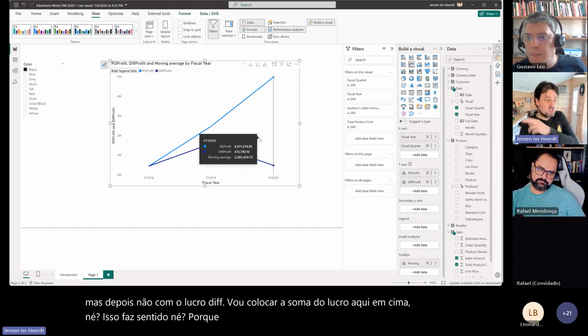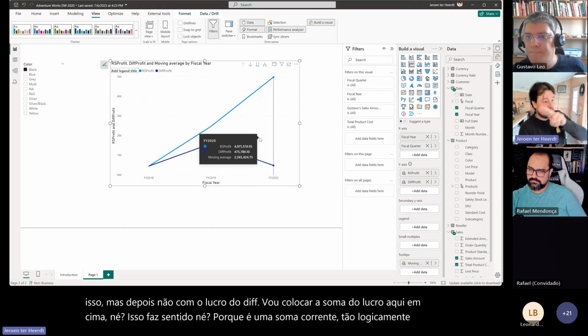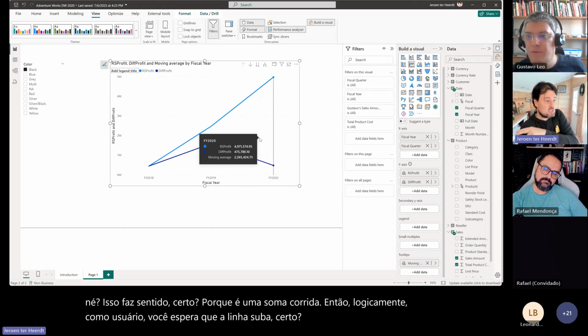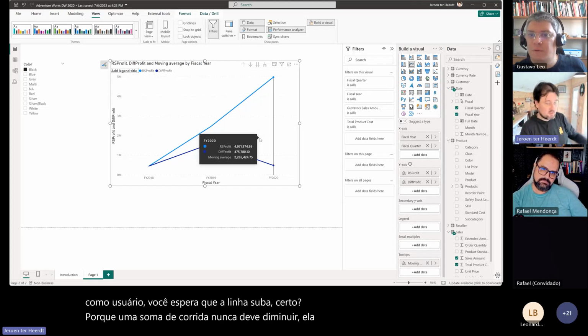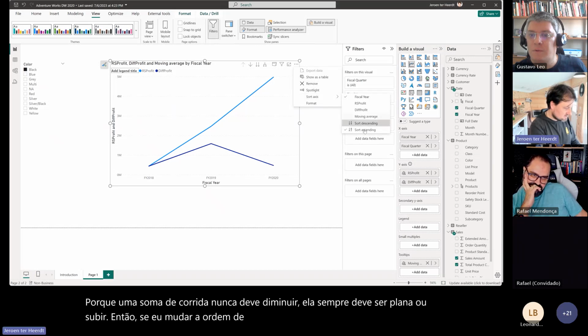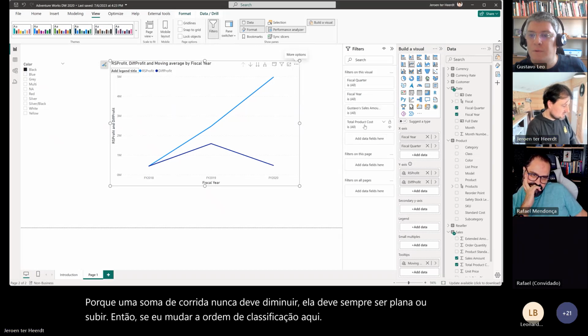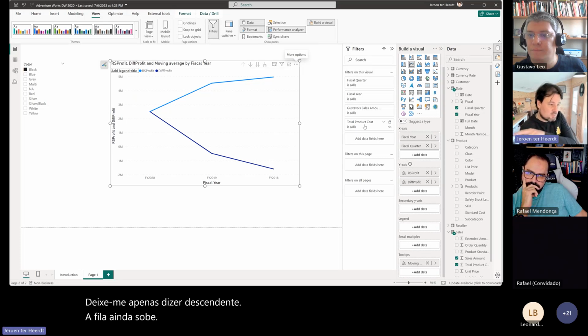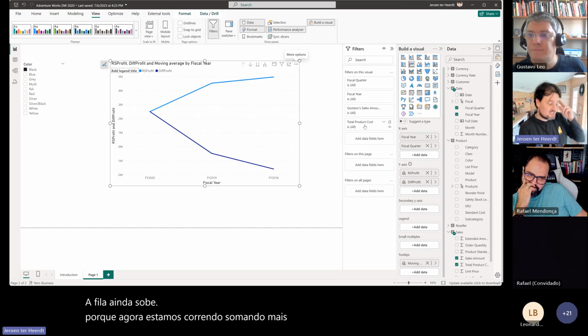So logically, as a user, you expect the line to go upwards, because a running sum should never decrease. It should always either be flat or go up. So if I change the sort order over here to descending, the line still goes up, because now we're running summing over 2018, 2019, 2020. So it still makes sense from the user perspective.